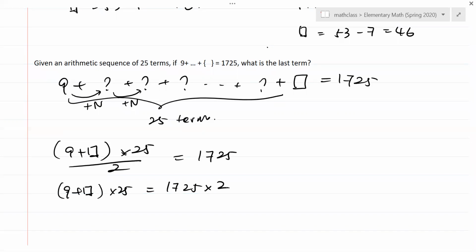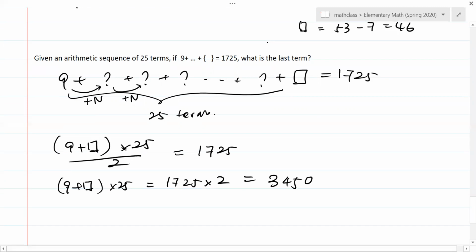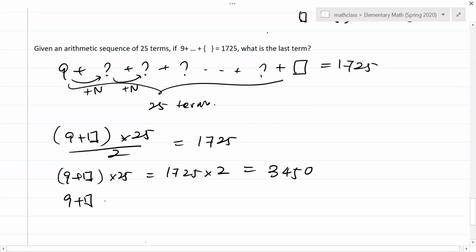So 1,725 times 2 is going to be 3,450. Then I have to divide both sides by 25. And I got 138. Then the last term is 138 minus 9, which is 129. So there, it is 129.